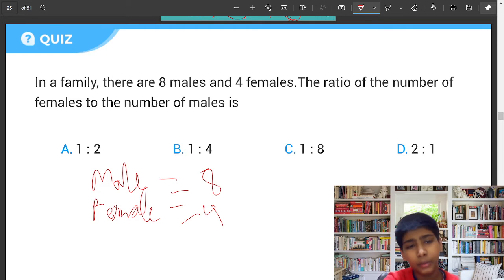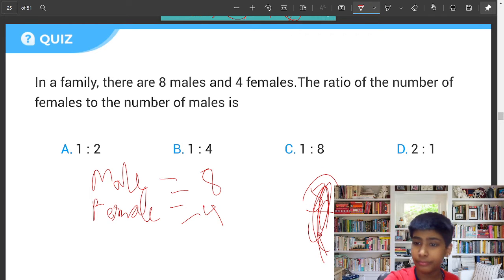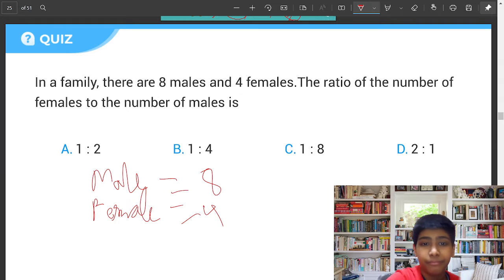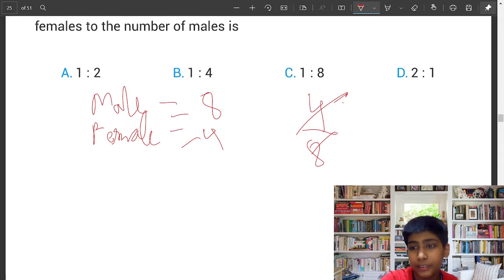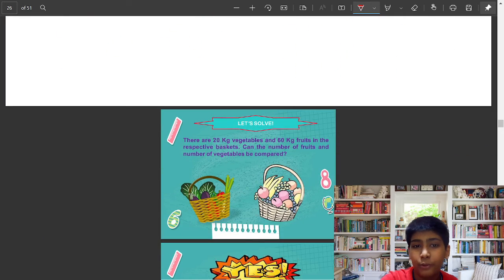Find the ratio. 8 upon 4, ratio of female to male. Am I also wrong? No, this is the wrong answer. So 4 upon 8 is the answer. You can just take it out by cutting these. I give you a big hint. Remember that. Now you have to answer it on your own.